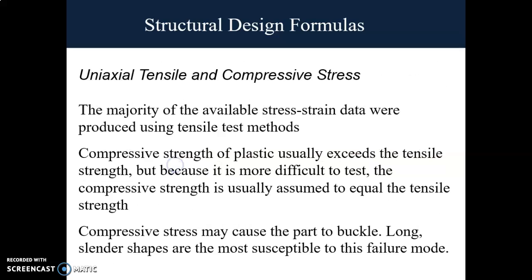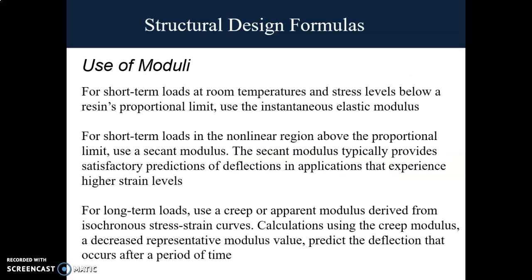We look at the use of moduli. For short-term loads at temperature and stress level below a resin proportional limit, use the instantaneous elastic modulus. At other temperature, use isothermal stress strain curve to calculate the elastic modulus.